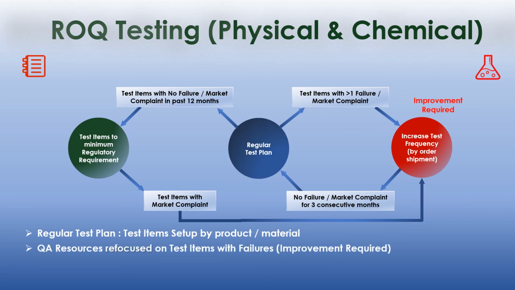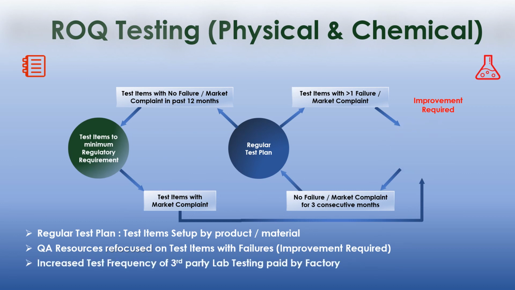As with ROQ inspection, freed up resources can be reassigned to value-added activities such as driving self-reliance, improving poor-performing factories or products, and so on. Also, as with ROQ inspection, increased testing frequency at third-party labs should rightfully be paid for by the concerned supplier.